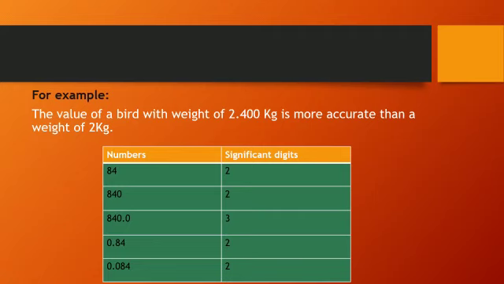The other number is 0.84. It has also two significant digits because the 0 following the decimal point is not significant. The other number is 0.084. It has also two significant digits.